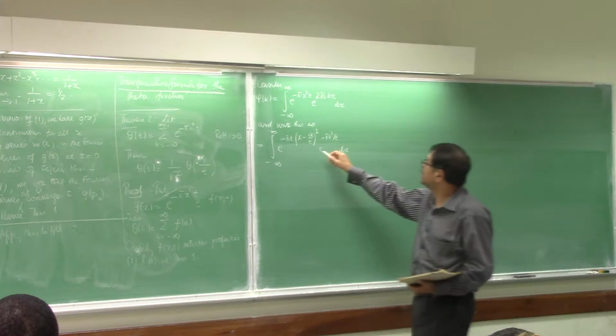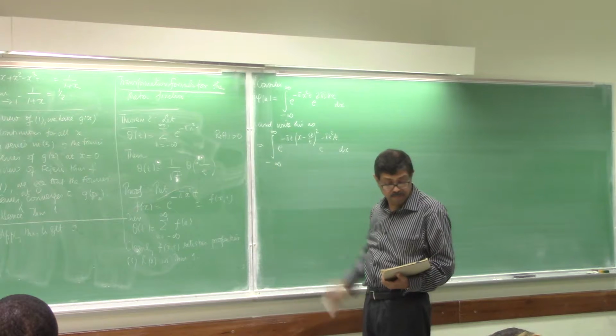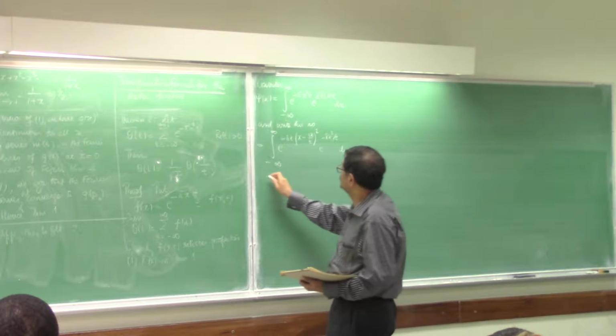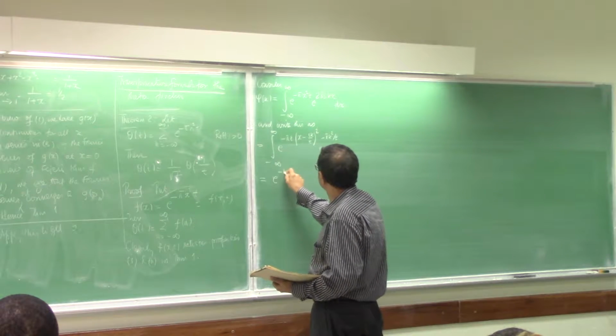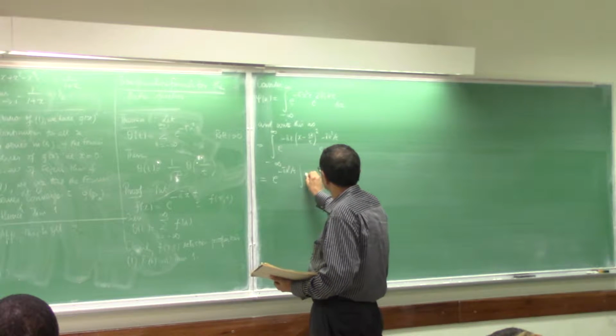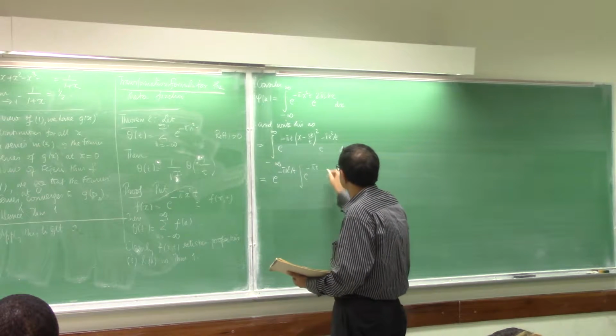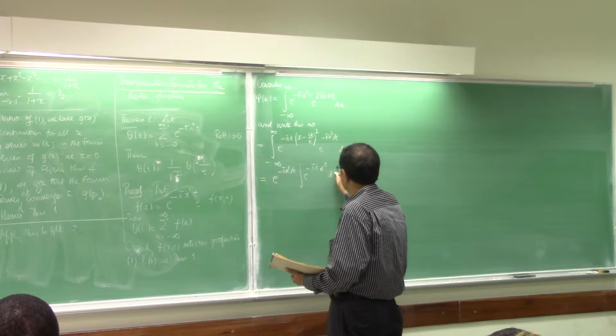Now this part is independent of x, so this actually comes out of the integral. So this is equal to e to the minus pi k squared over t times the integral e to the minus pi t z squared dz.